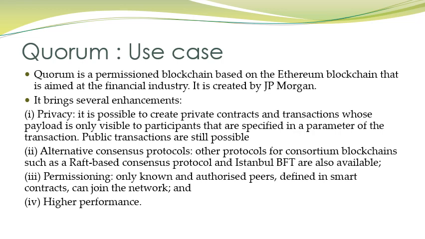Only known and authorized peers defined in smart contracts can join the network, and it has higher performance. So these are the various enhancements in the permissioned blockchain as compared to the Ethereum blockchain.